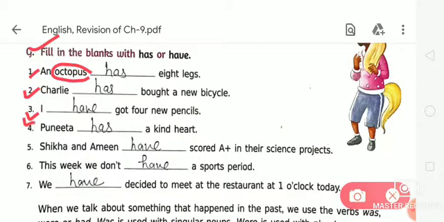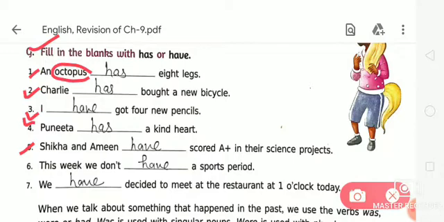Now the fourth is: Punita dash a kind heart. Students, what will be used with Punita? Punita is a singular person, so we will use the verb "has." Fifth is: Sikha and Amin dash scored A plus in their science projects. What will be used with Sikha and Amin?